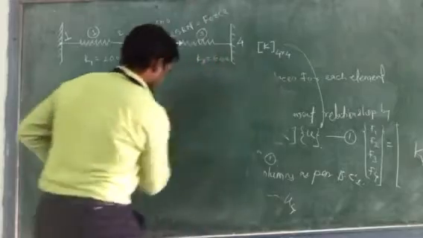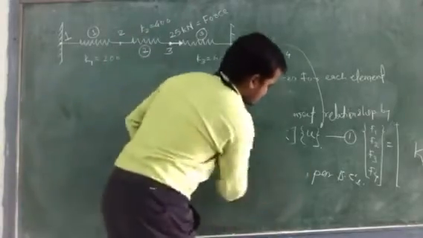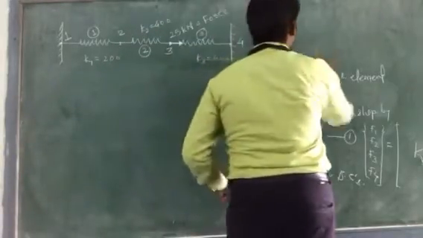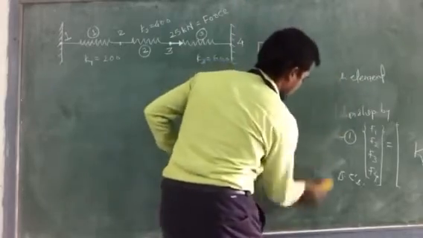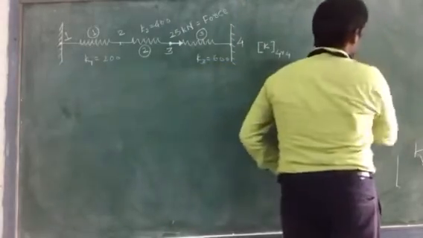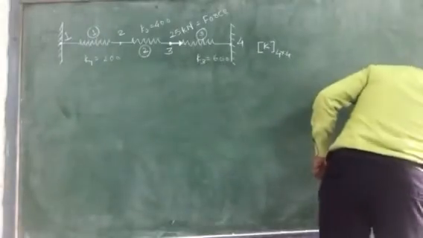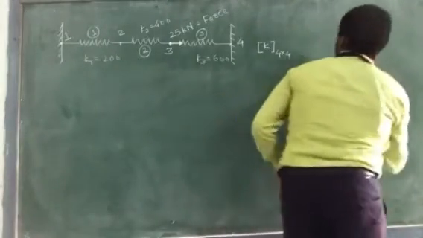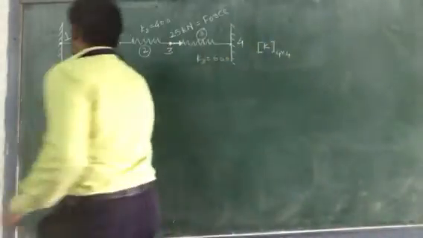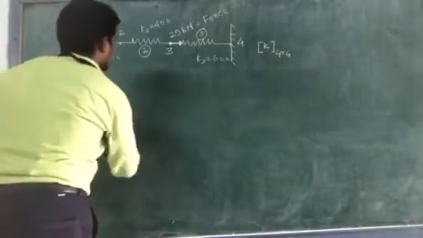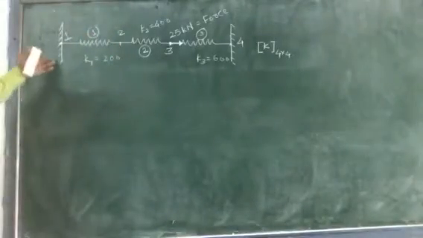So first step is find out the elemental stiffness matrices. This is your spring system, shown here.